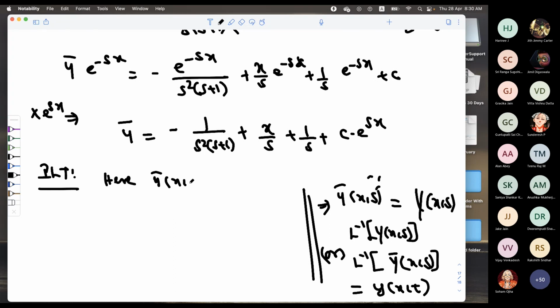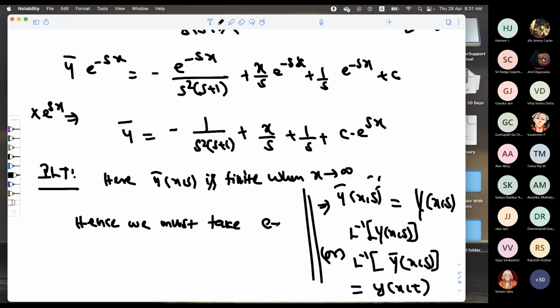Bounded means finite when x tends to infinity in your solution form. So hence we must take this c as 0.